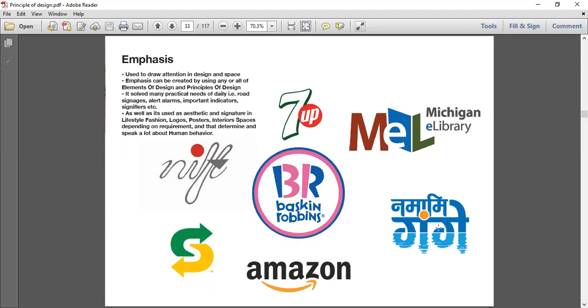Over here, this circular yellow structure is created in between. So every logo which is made over here has a center of attraction to which your eyes go. Logos are meant for that purpose, you can say.